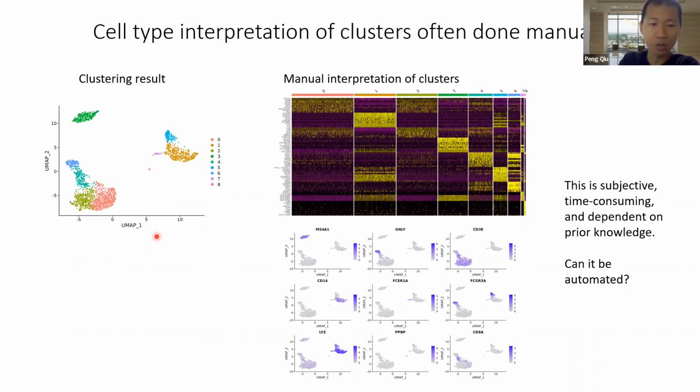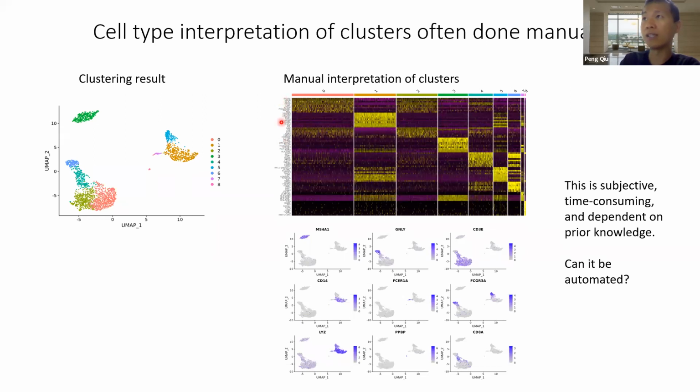So we can do cluster 0 versus the combination of all the other clusters, cluster 1 against the combination of all the other clusters. So we do these DE differential expression analyses, and we'll get top markers that are highly expressed in cluster 0 compared to the rest, and then marker genes for cluster 1, et cetera.